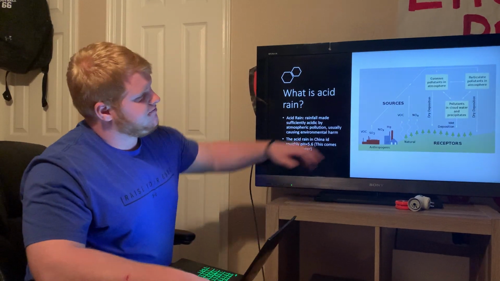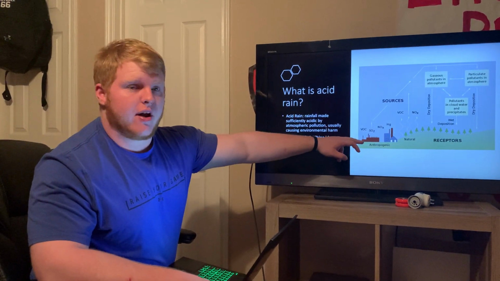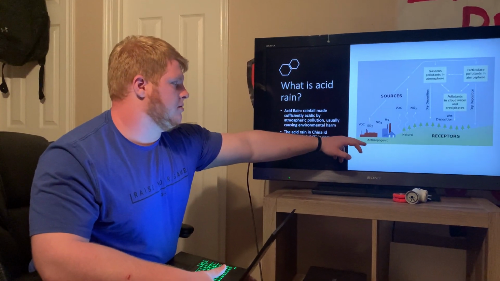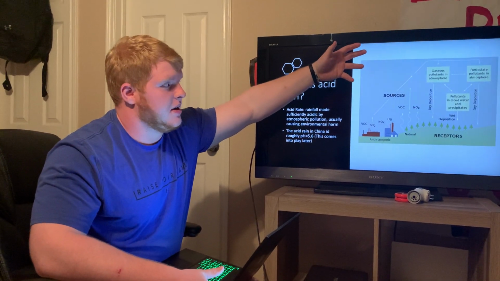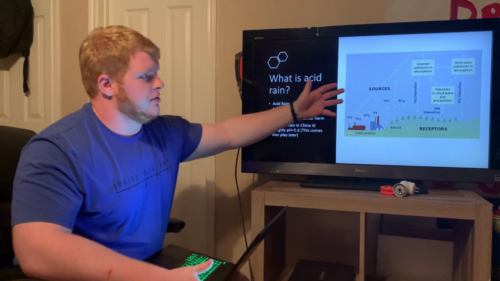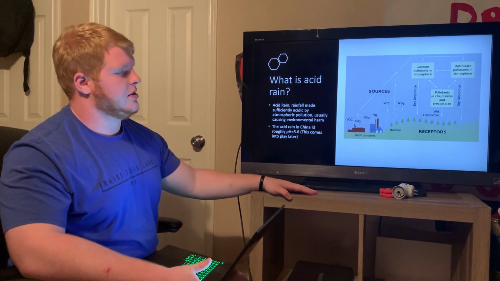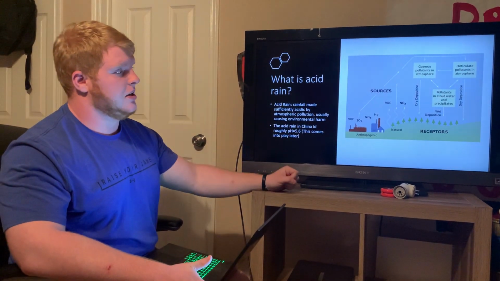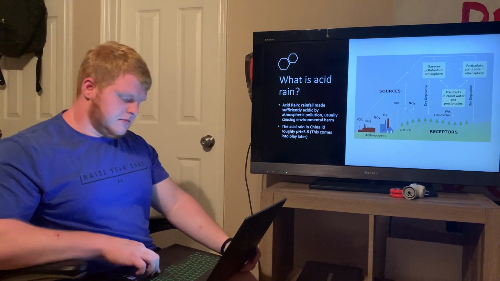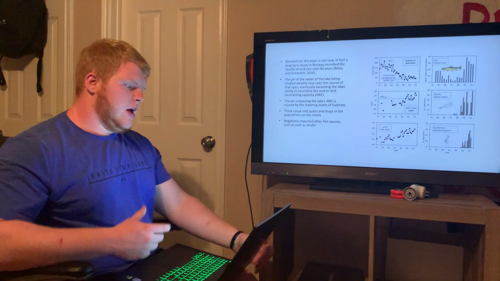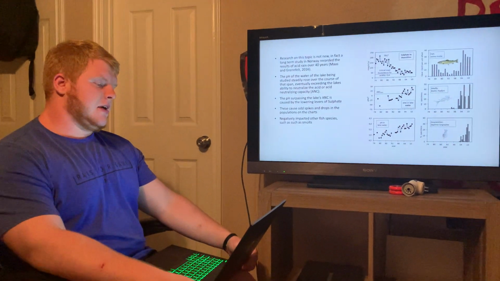This is just a good little diagram of how the atmospheric pollution leaves factories, goes into the atmosphere, and then comes down through condensation or precipitation into the vegetation of a region. Research on the topic is not new.